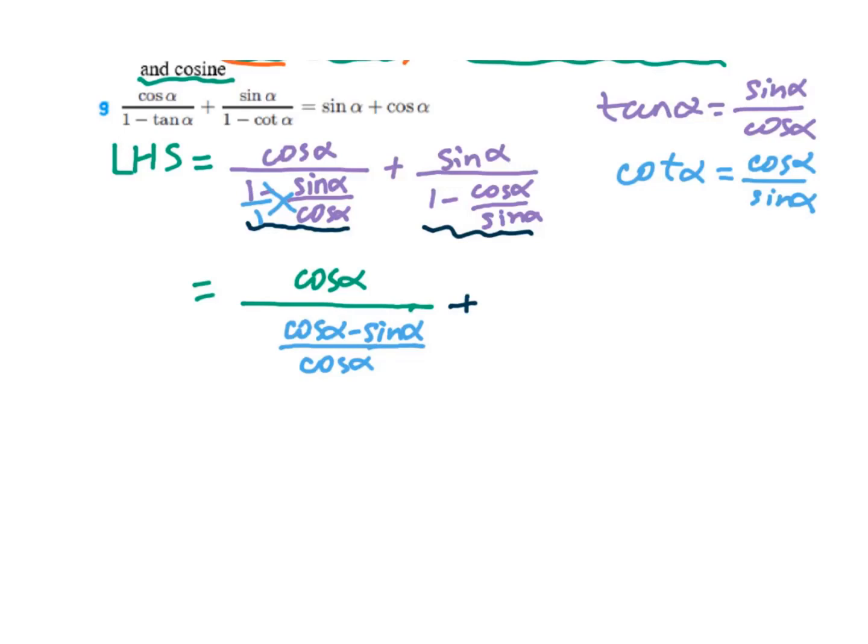Then plus sin alpha; this part I still do denominator multiply, then cross multiply. So I got sin alpha, then cross multiply, I got sin alpha minus cosine alpha.